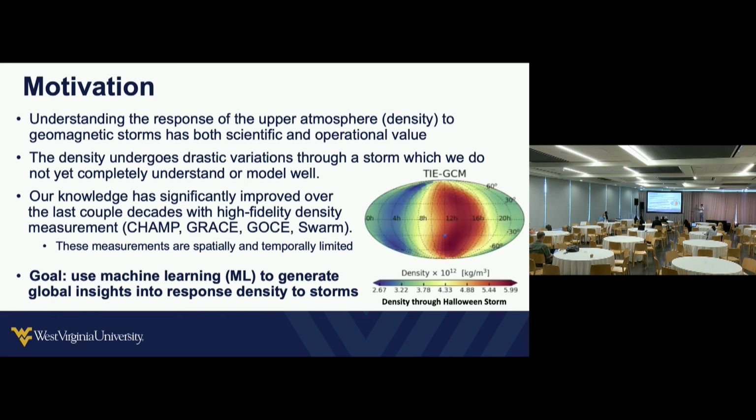So we only always get this information along a satellite trajectory or path. And so the goal here is to see and demonstrate if we can use machine learning to generate a global model using these measurements that can then provide global insights to the response of the thermosphere.